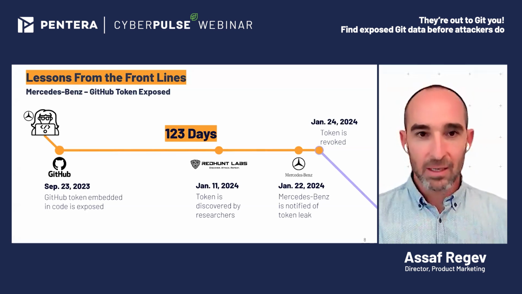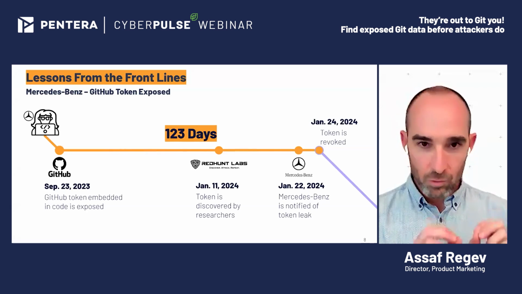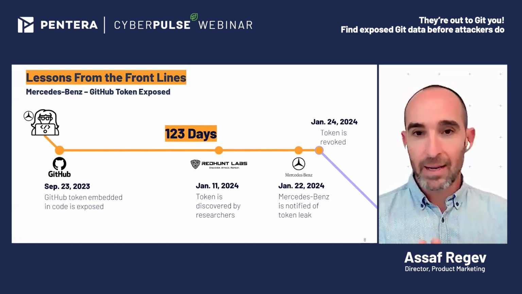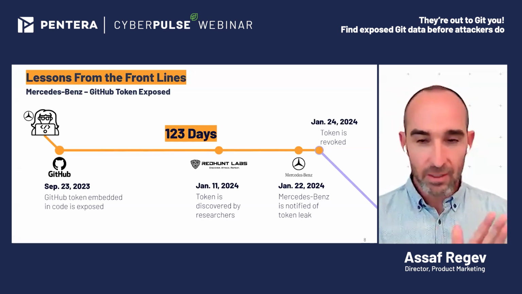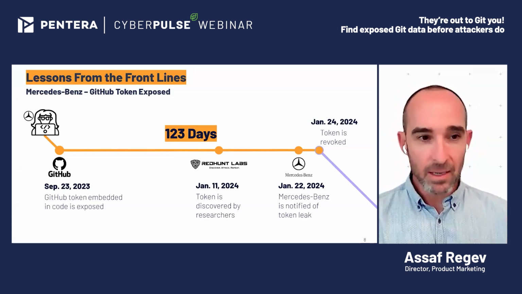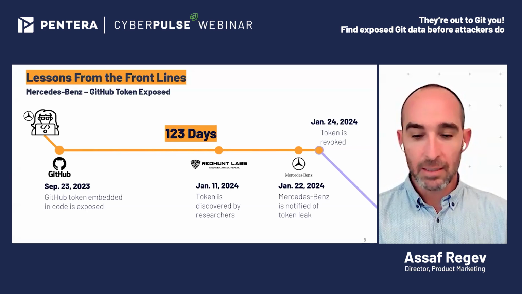To me, this is a textbook example of how a misconfiguration or human error quietly snowballs into a multi-dimensional security incident. This whole notion started because of a misconfigured token permission, and the exposure itself went unnoticed for 123 days.